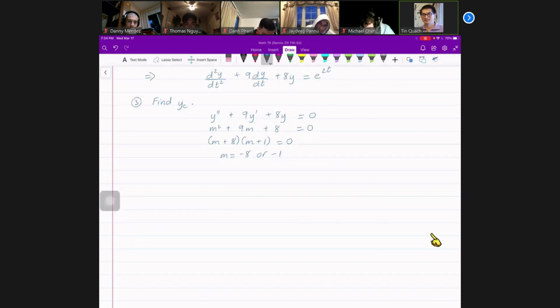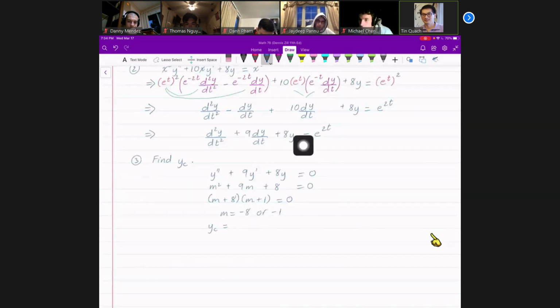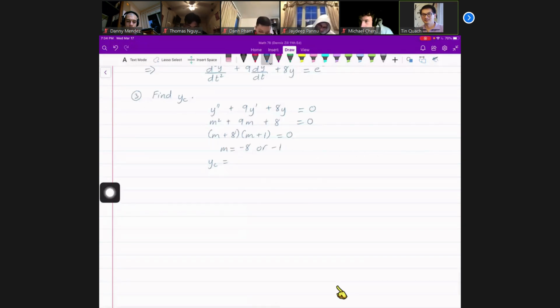So you need to write y sub c because this is a non-homogeneous differential equation. So y sub c is equal to c sub 1 e to the -8x plus c sub 2 e to the -1x. All right.